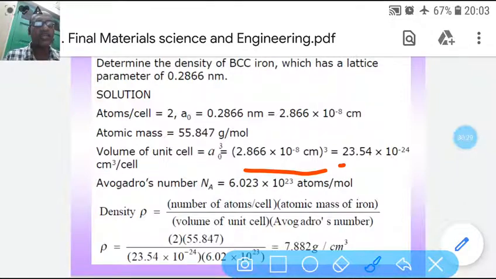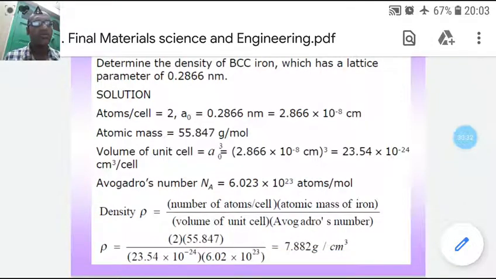So we can calculate density by the density formula: number of atoms per unit cell for BCC structure is equal to 2, atomic mass 55.847 gram per mole, divided by the volume of the unit cell, 23.54 into 10 to the power minus 24 centimeter cube per cell, into Avogadro's number, 6.023 into 10 to the power 23.